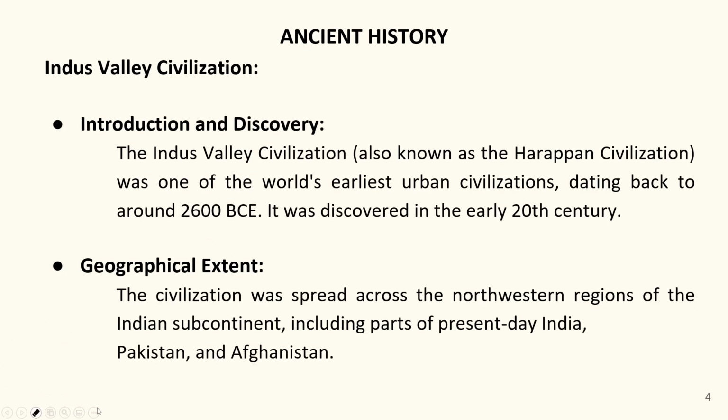Here we have to cover one more thing. What were the contemporary civilizations with the Indus Valley civilization? As we have seen, it was not the earliest, it was one of the earliest, so there were several other early civilizations also. And what were they? We have to study about them too.